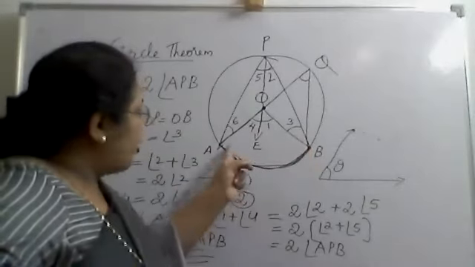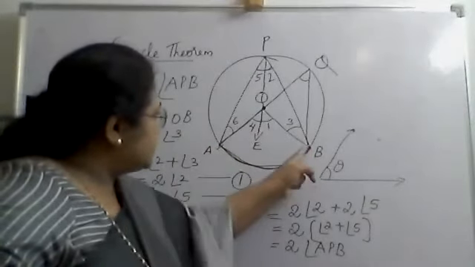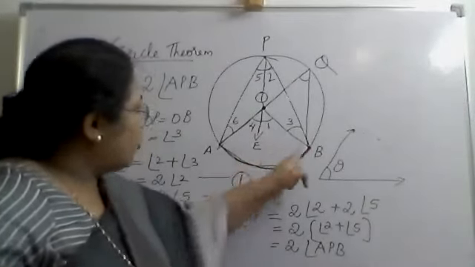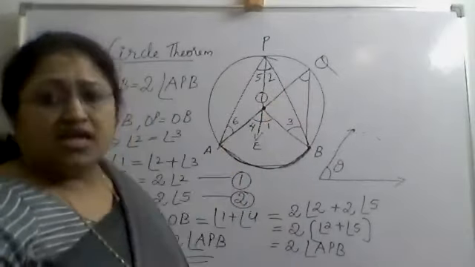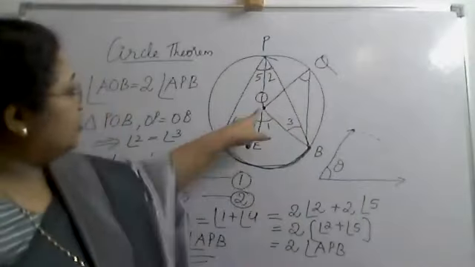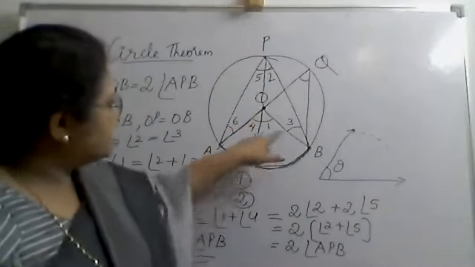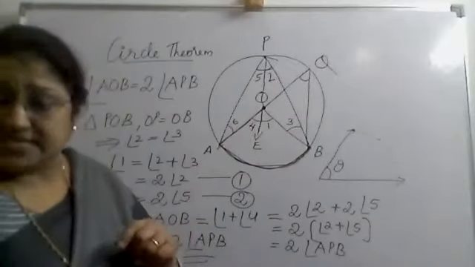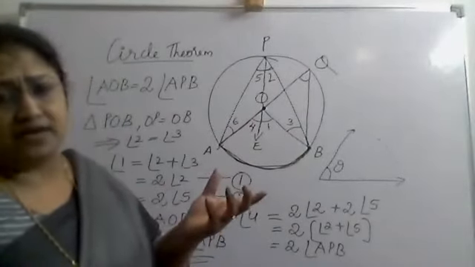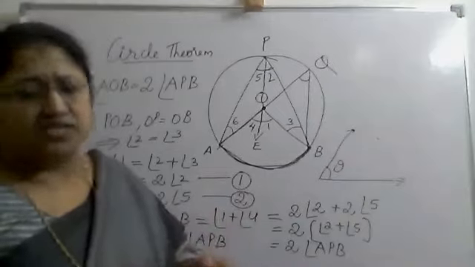If I join a chord here, the region involving this arc and that chord will be the segment, a minor segment, and the remaining will be the major segment. A sector is the region between the arc and the two radii. Those are our basic concepts which you must have learned in the junior classes.